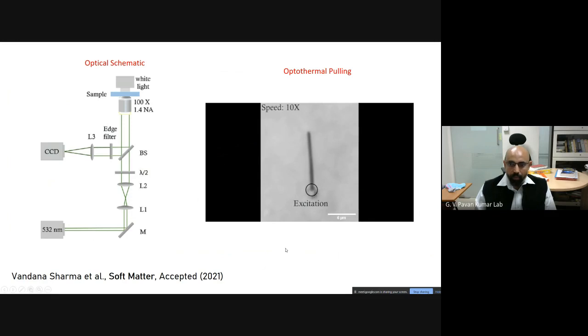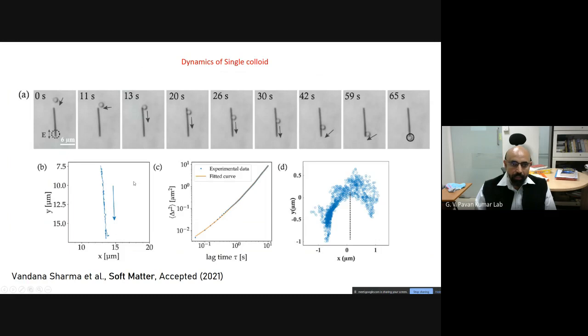Okay, now going further, if you look at the mechanism of this whole principle, this can be now studied in significant detail by looking at the dynamics of the single colloid as a function of time. And if you now extract the trajectory of this particular colloid, there's a very nice linear motion of the colloid. And if you also further look at the mean square displacement as a function of the lag time, you can easily fit that particular curve to two different power laws.